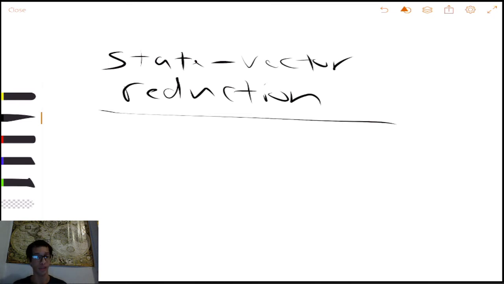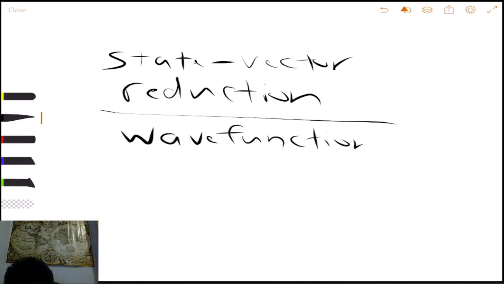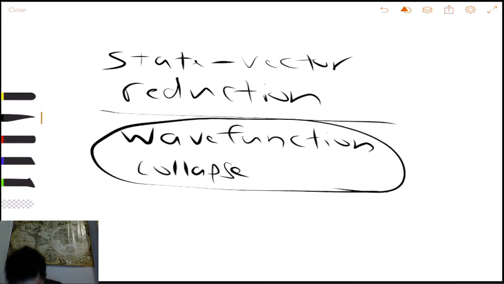This is more colloquially known as, you've probably guessed it by now, wave function collapse. The wave function has collapsed from a superposition of three potential states, in this instance, to one of those states.